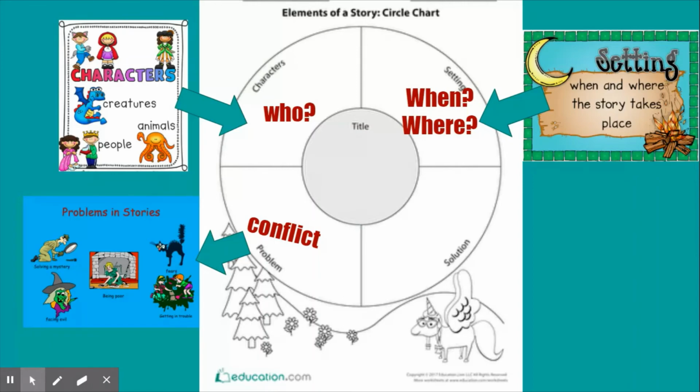So, for example, if you notice over here in my illustration, we have somebody trying to solve a mystery, right? Or we have fears. Look at that cat, it is very afraid. Or getting in trouble for something that you did. Being poor could be a conflict, or facing evil.